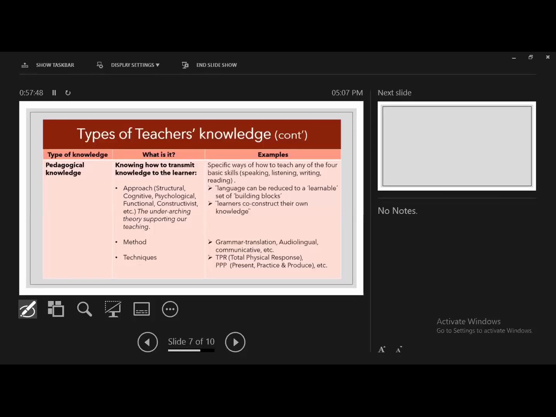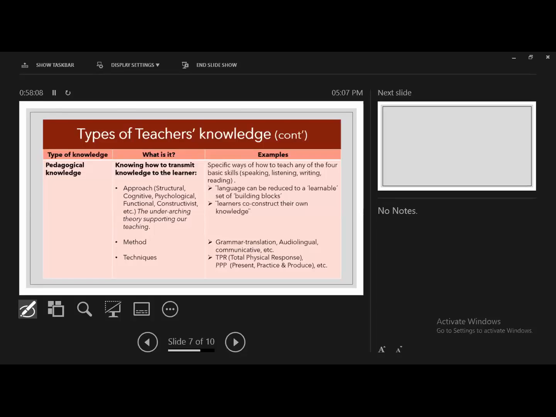So all of these things, approach, method, and technique, combined together, are the pedagogical knowledge that we language teachers possess, and that basically conducts our teaching, right?